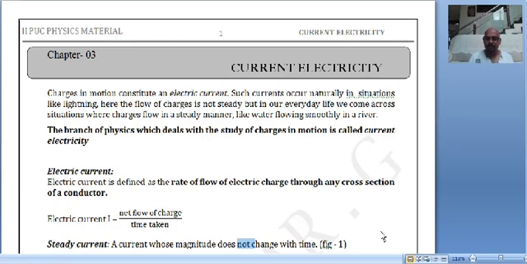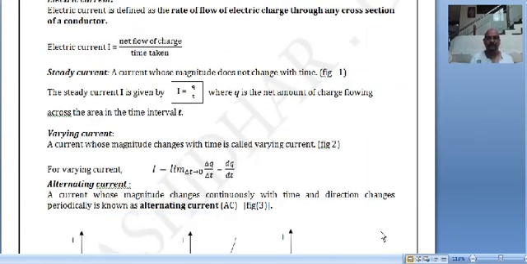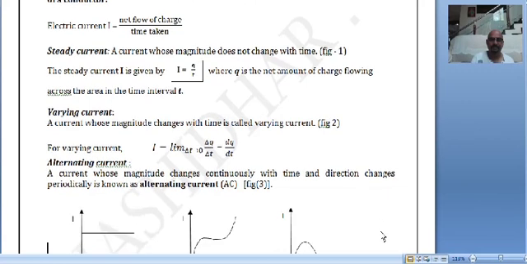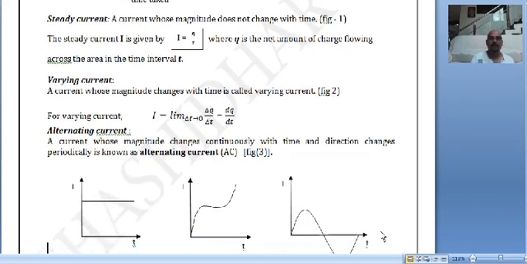So we have got different types of current. For example, we have got a steady current. Observe what is a steady current. Notice the graph below, the first graph. Here the magnitude of the current is not varying with respect to time. It is a straight line, current versus time graph.